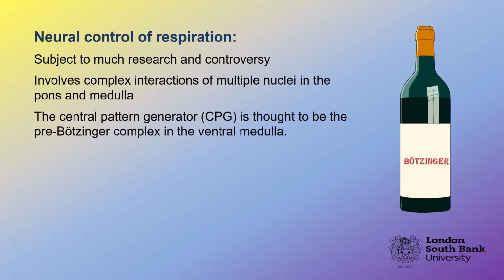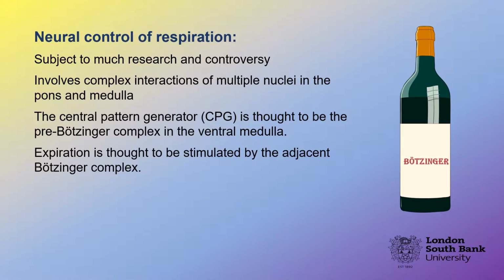The central pattern generator, or CPG, is thought to be something called the pre-Bötzinger complex, and this is in the ventral medulla, the front of the medulla. Expiration, on the other hand, is thought to be stimulated by the Bötzinger complex itself rather than the pre-Bötzinger complex, and this is next to the pre-Bötzinger central pattern generator.